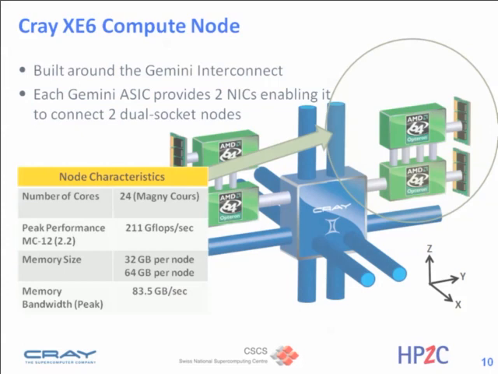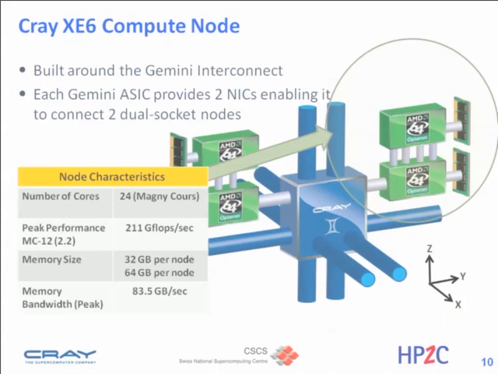There are 12 cores per socket. Okay? So the total number of cores in the node is 24. So you have one copy of the Linux operating system running on the node and handling the memory space for 24 cores. Okay?